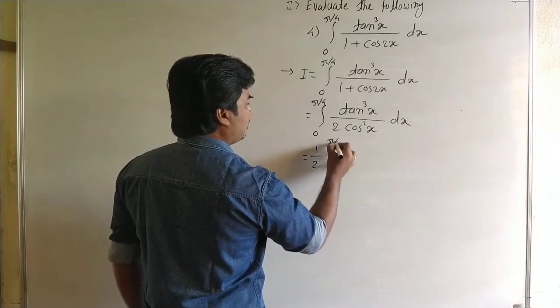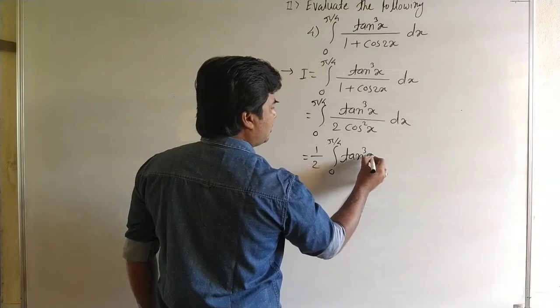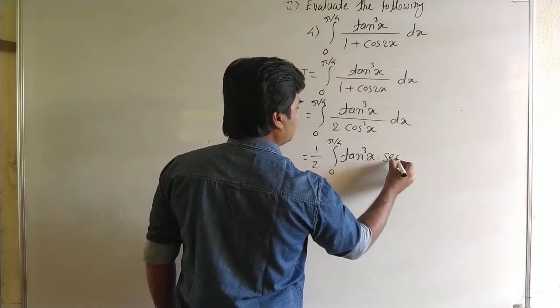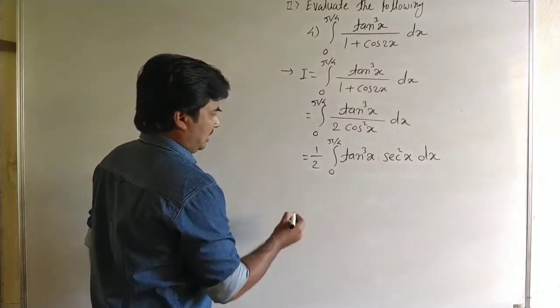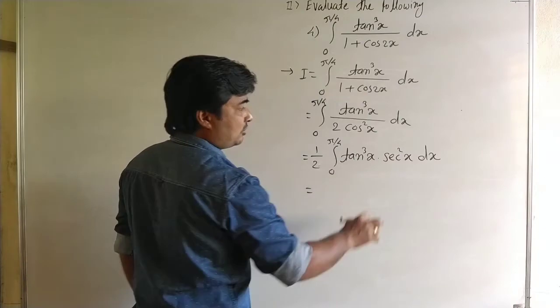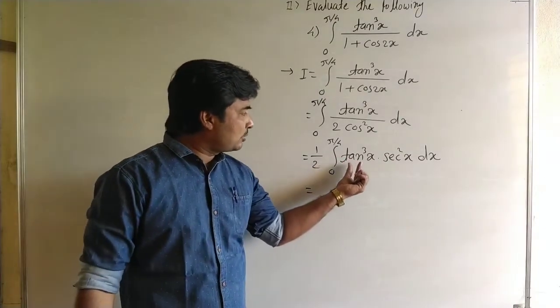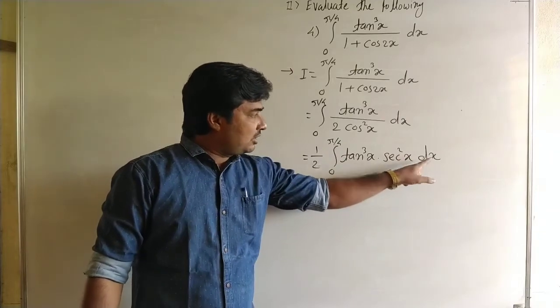The integral from 0 to pi by 4 of tan cube x into sec square x dx. Now here we use the substitution.